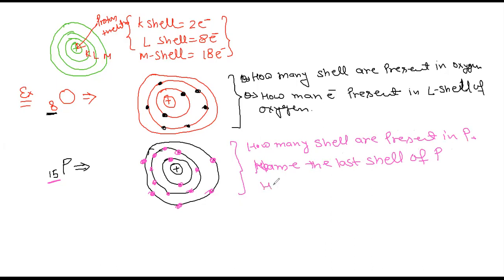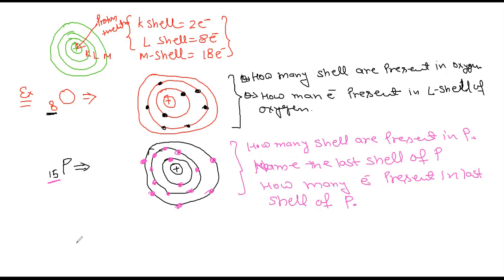Third, how many electrons are present in the last cell of phosphorus? If you can easily answer these questions, then you can understand the basic chemistry. Okay, now come to the next point.